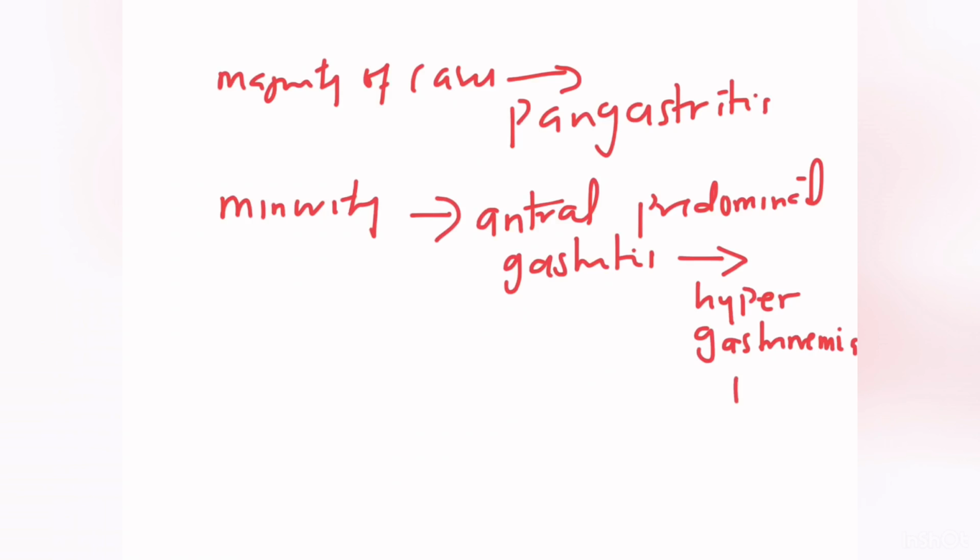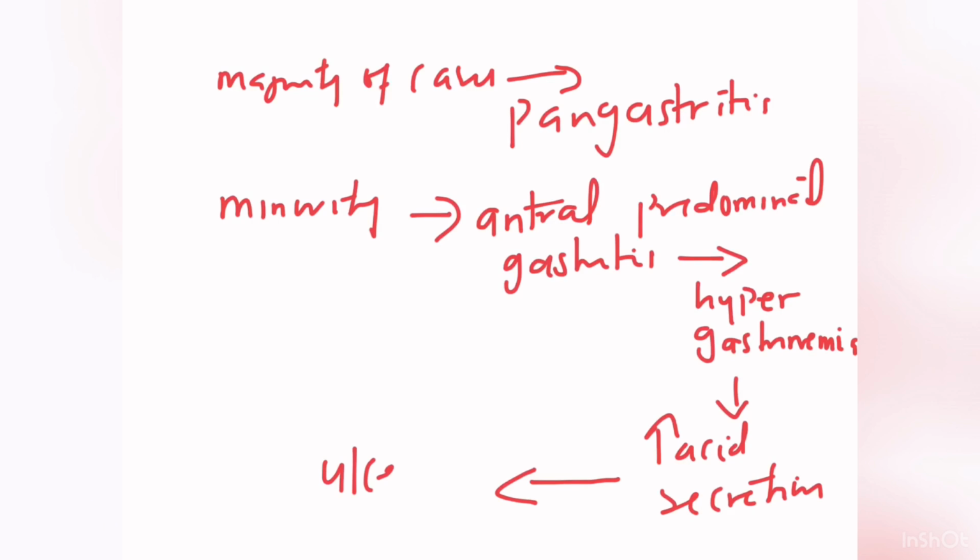This hypergastrinemia will lead to hypersecretion of acid, and this increased acid secretion by the parietal cells will eventually lead to ulceration.